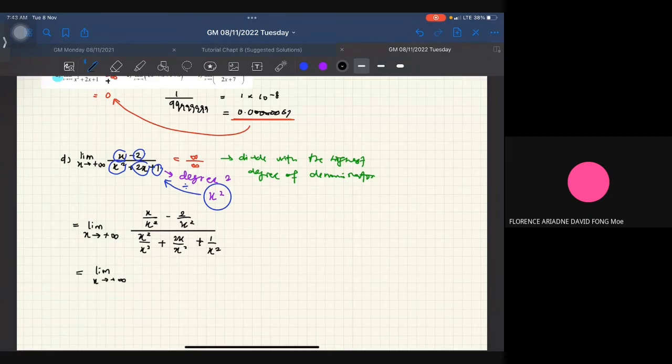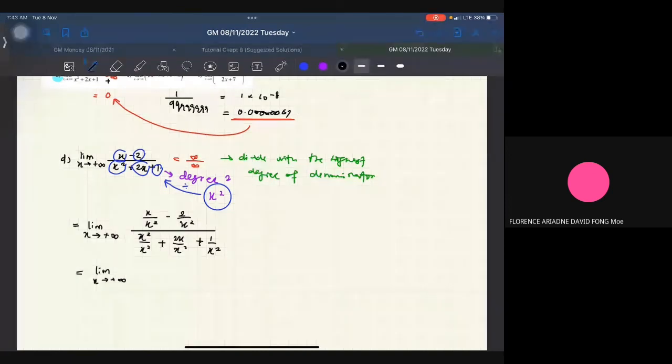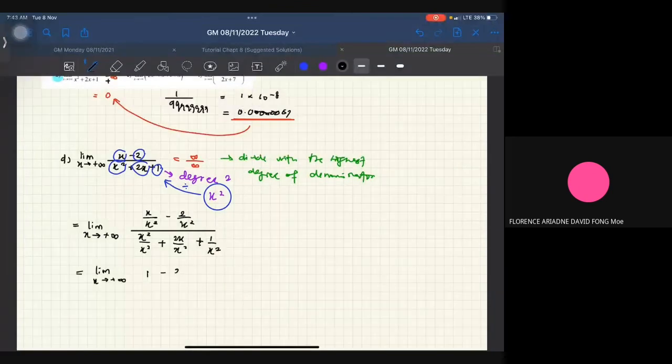Okay, and then you have this one cancel out kan dia. So bila cancel out, awak dapat 1 tolak 2 per x squared. And then divide with 1 plus 2 over x plus 1 over x squared. Like this.